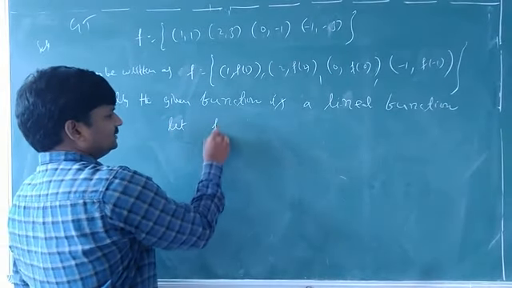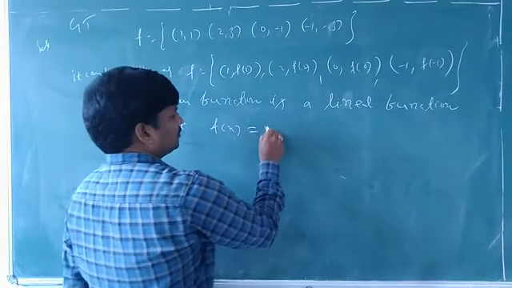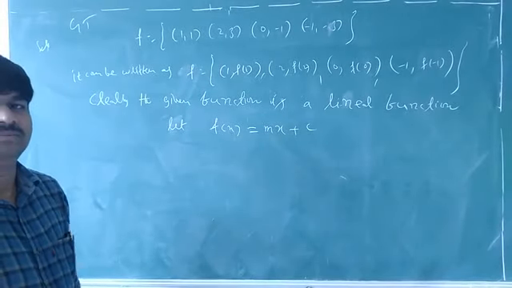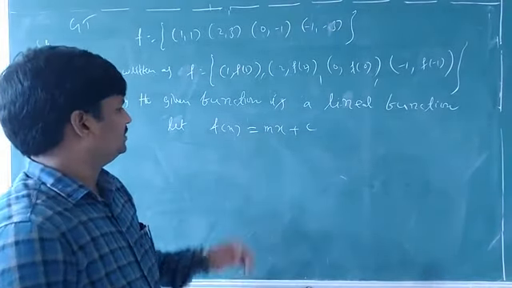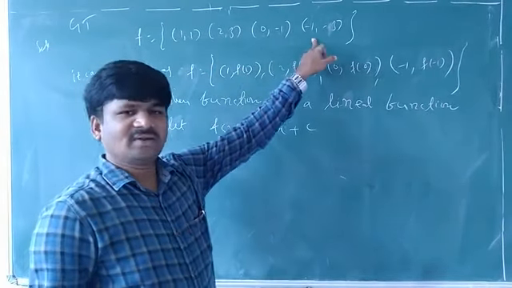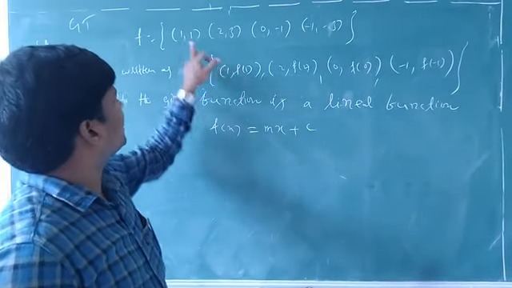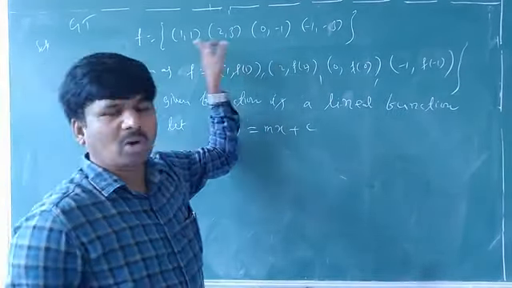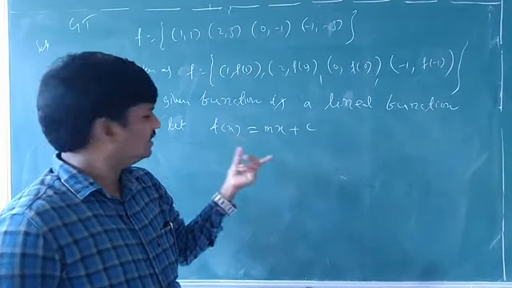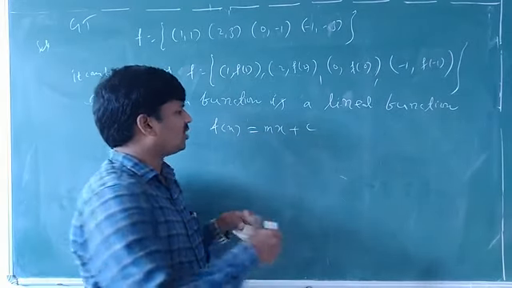Like that, the linear function f(x) equals mx plus c. Now from here, x values are there and corresponding f(1), f(2) values are there. Now take any two points and substitute in this equation. What would this equation be that we have to find? This linear equation we have to find. That means what values do we have to find?